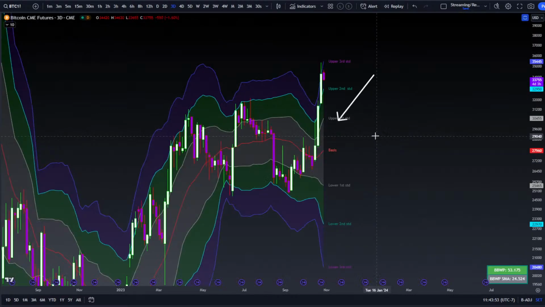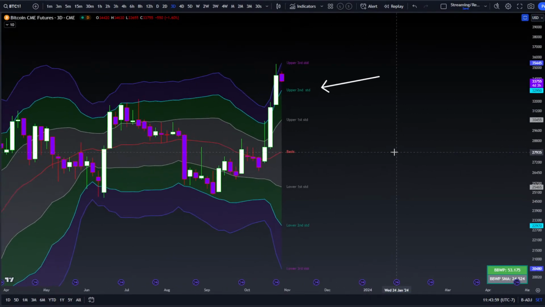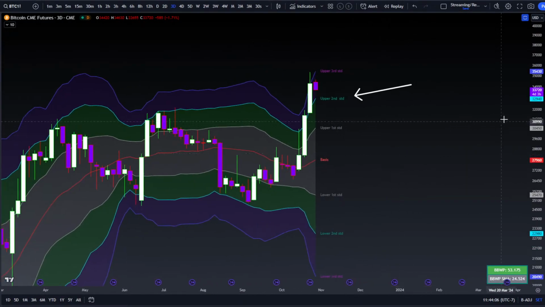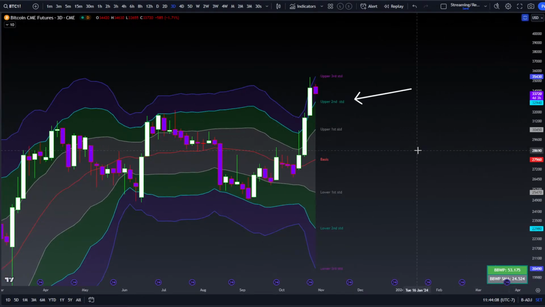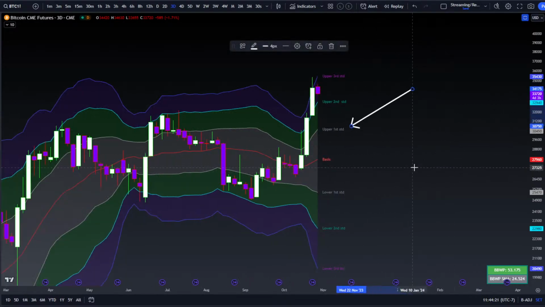Now, of course, on a 3-day, we can see that the Bollinger Band's upper second standard deviation is right there at 32,950. Again, $33,000, pretty important level for the Bollinger Bands. And between 32,800 and $33,000, that's basically the bottom side wicks of the lower time frame range that's being built right now. And if it is lost, we see the upper first is coming in there at 30,450.